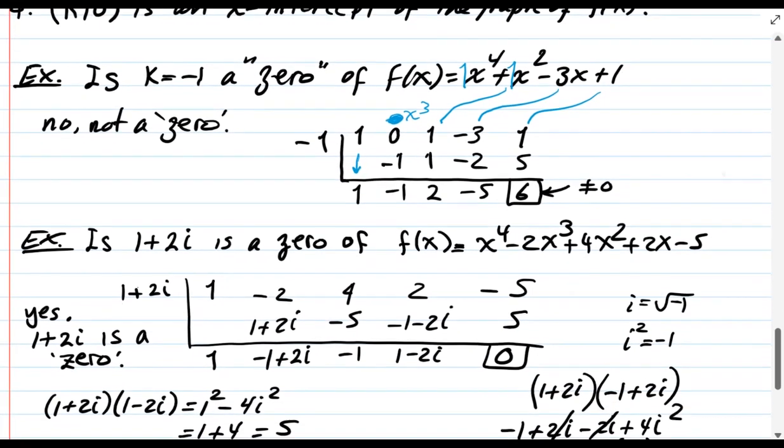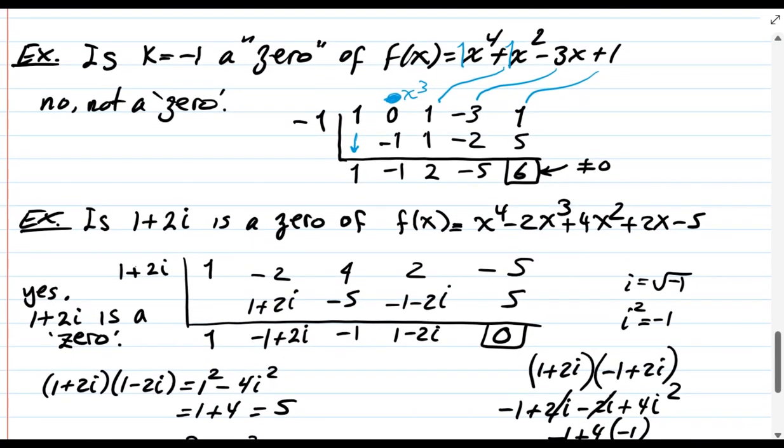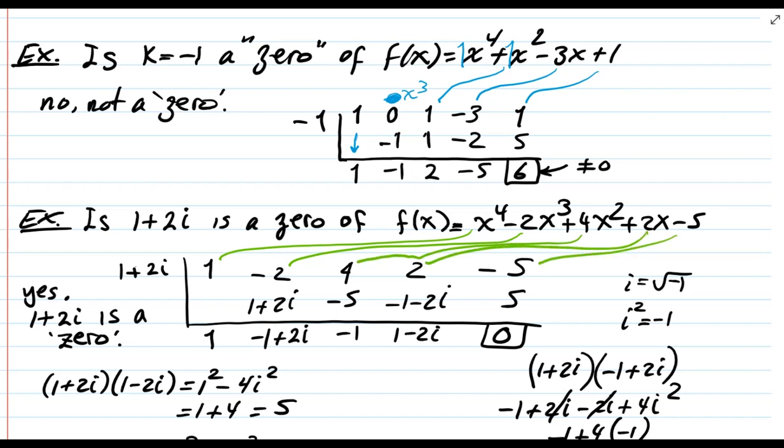Let's take a look at something in the way of a complex solution. Is 1 plus 2i a solution to this polynomial? Again, the coefficient on x to the 4th is 1, on x cubed is -2, on x squared is 4, on x is 2, and the constant is -5.